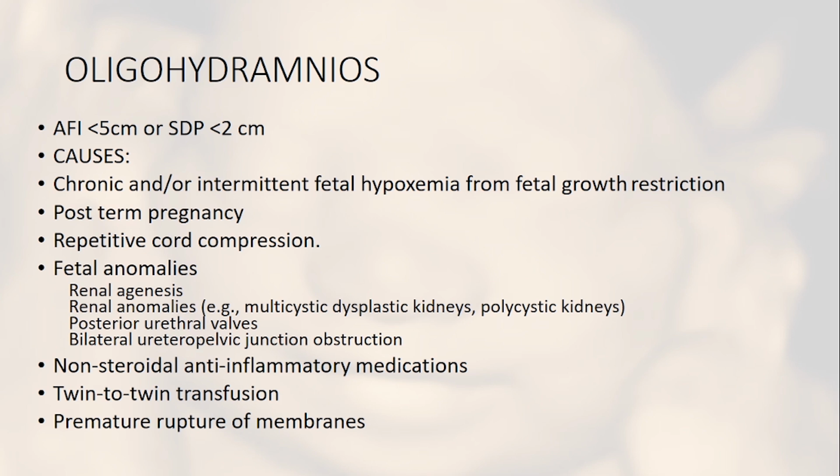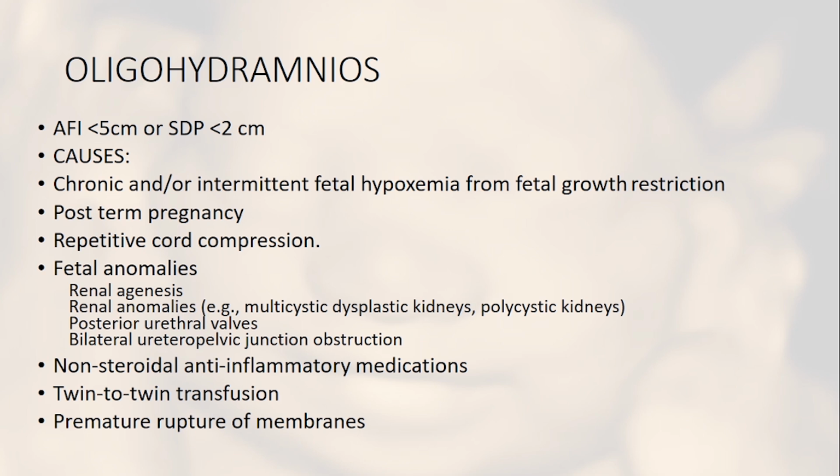So oligohydramnios, that is when it is too small, that is when the amniotic fluid index is less than 5, or the single deepest pocket is less than 2 centimeters. The causes are many. It could be chronic fetal hypoxemia from growth restriction. It could be because of post-term pregnancy, because as the pregnancy advances beyond term, the volume of amniotic fluid reduces. It could be because of repetitive cord compression. Then fetal anomalies.